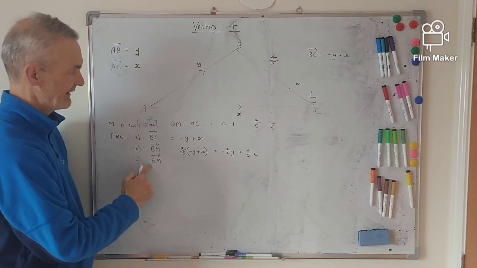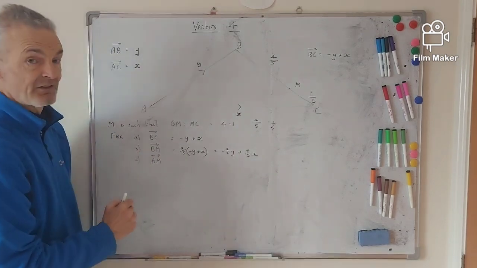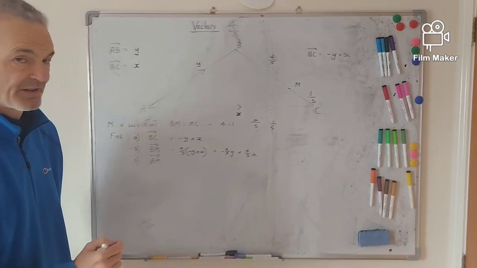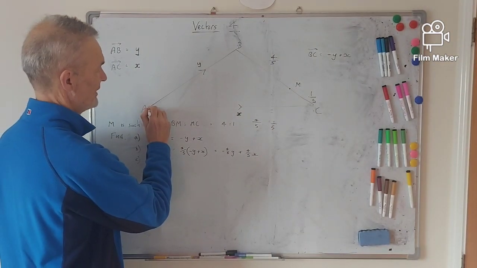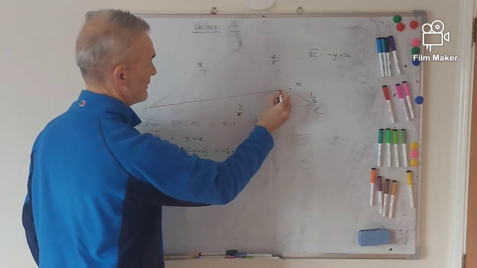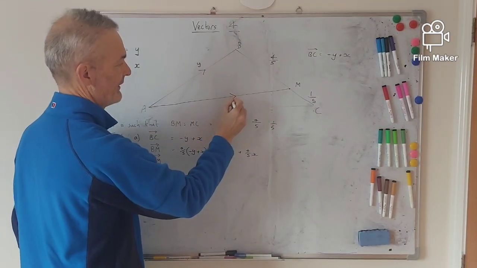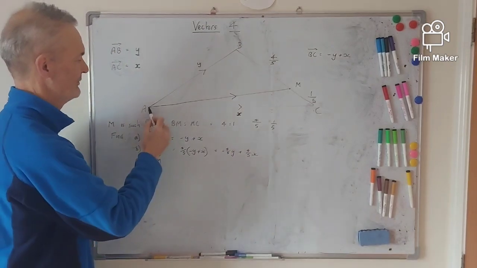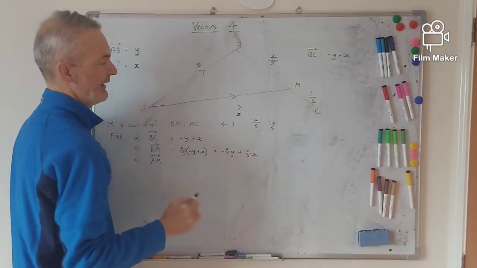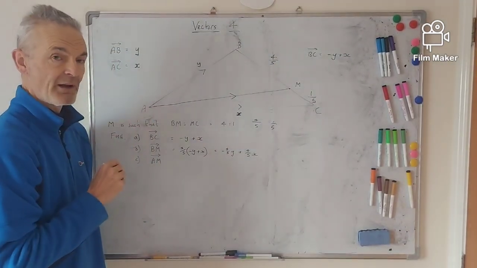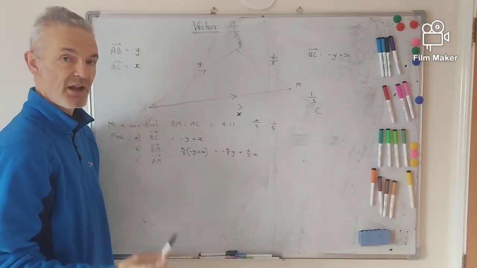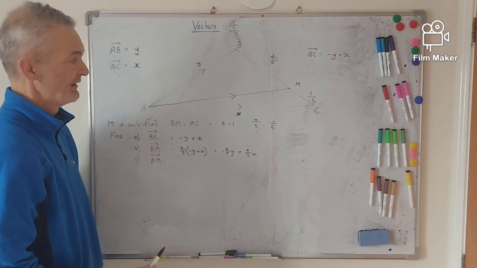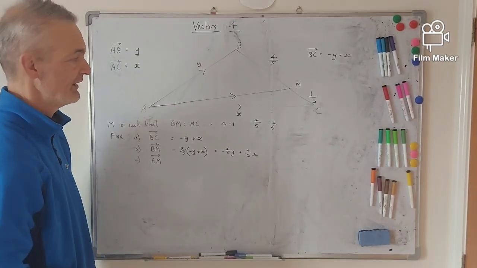And now we want vector AM. Well, it's not marked on there, so that'd be the first thing I would do, to actually mark it on there. So you would draw a line across like that, and that's the vector that we're looking for, A to M. So you've got to think about how you're going to get from A to M using vectors that you know on the diagram. Now you've obviously got 2 ways you can do this.